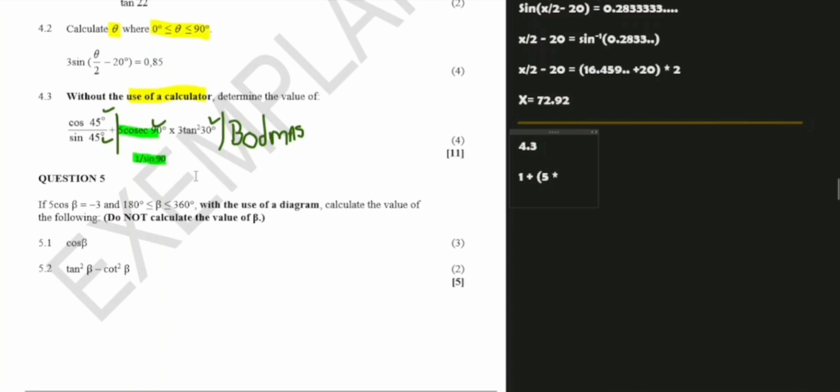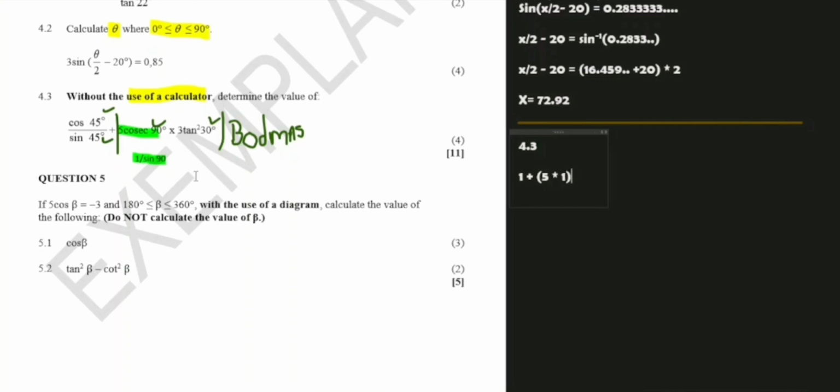And then you have this 3. What is tan of 30? Tan of 30 is 1 over the square root of 3. Square that. What is going to be your value? 1 over 3. And then 1 over 3 times 3 is equal to 3 over 3, which is also equal to 1.